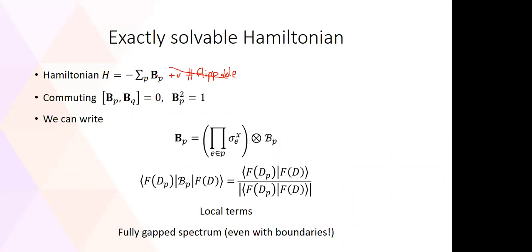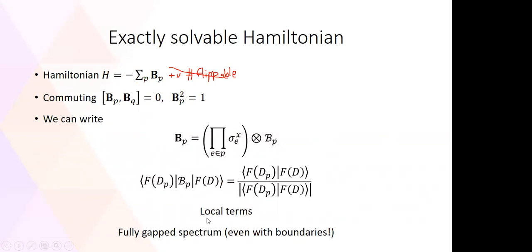So the RK Hamiltonian is just the sum of the kinetic terms, and the kinetic terms commute on the Fisher lattice. So it's a sum of local commuting terms.